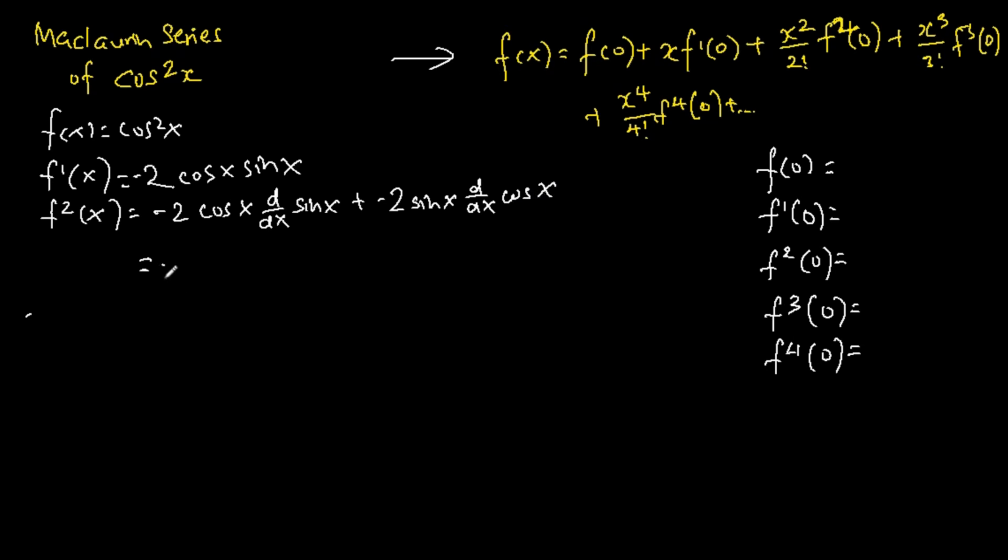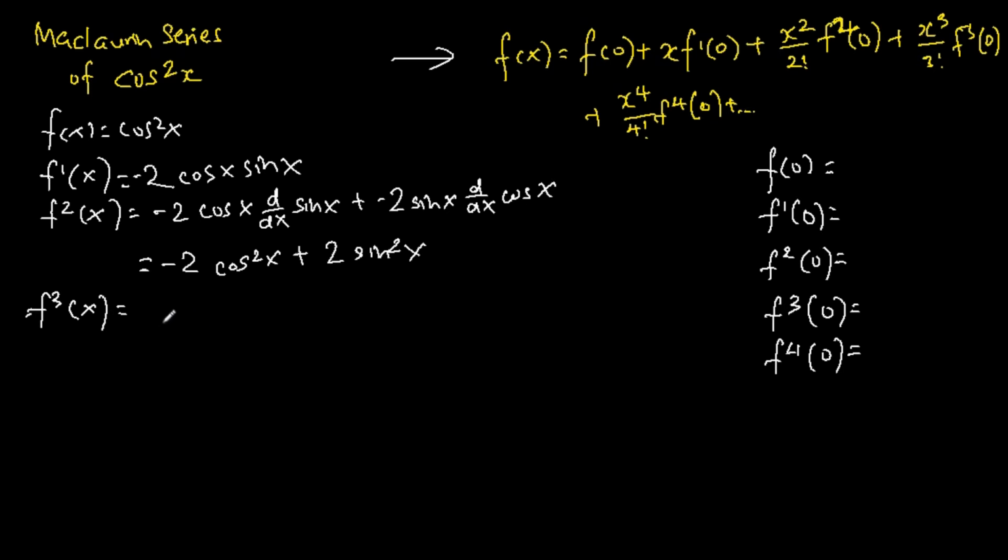The first term we get is negative 2 cosine square x. The second term we get is plus 2 sine square x. After which we find the function differentiated 3 times. We will get the following.